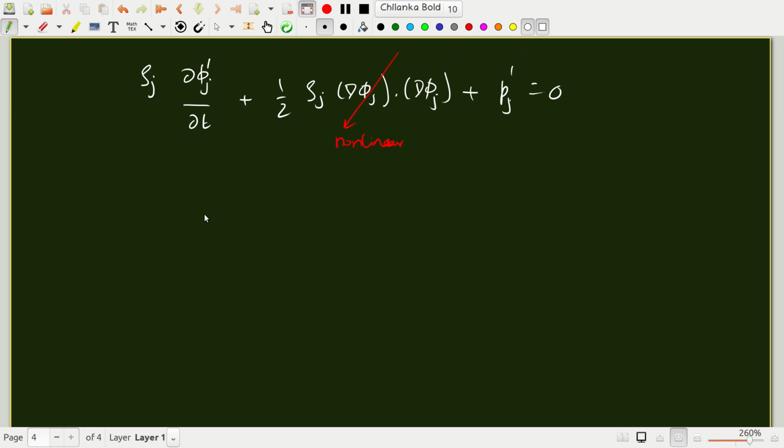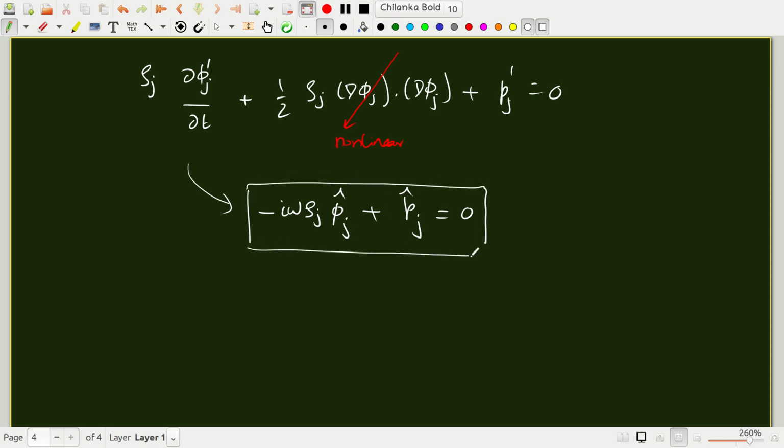So if I Fourier decompose this, that is, if I substitute the normal mode expansion, what I'll get is minus i omega rho j phi j cap plus p j cap is 0. Okay, this is how the pressure is related to the velocity potential.